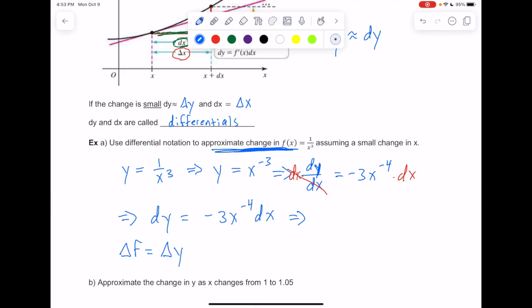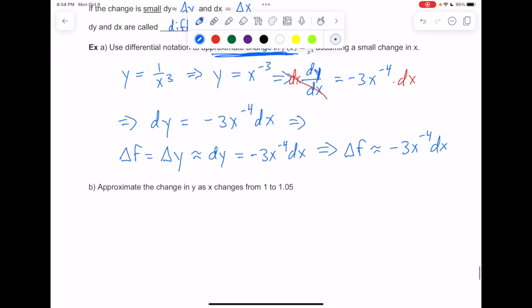And according to the differential idea, change in y can be approximated by dy, which in this case is equal to negative 3x to the negative 4 dx. So to answer their question directly, approximate the change in f of x, we could say that the change in f of x is approximately equal to negative 3x to the negative 4 times the change in x, or dx, using the differential notation.